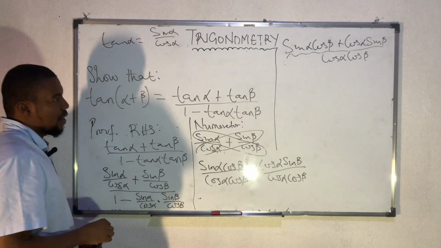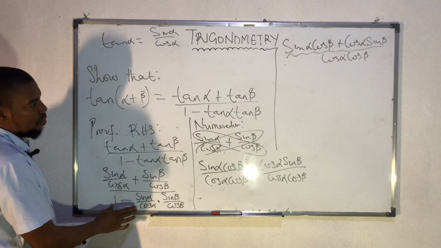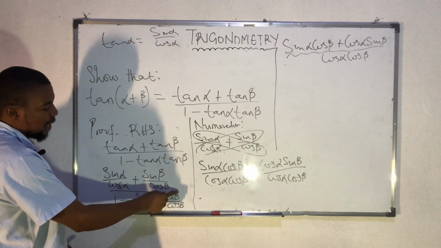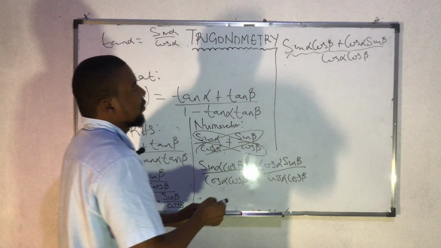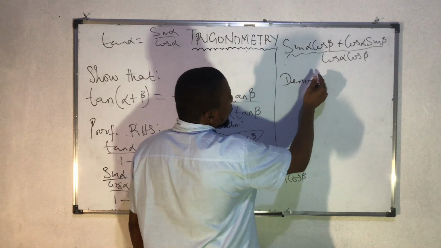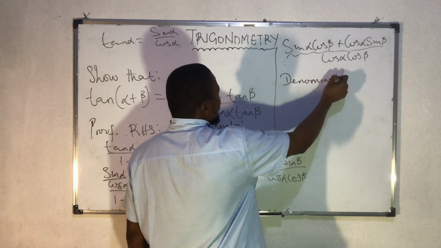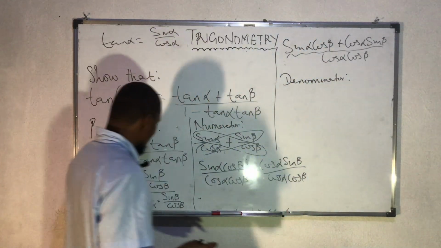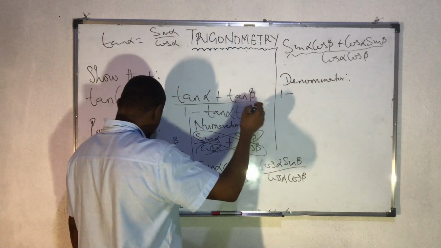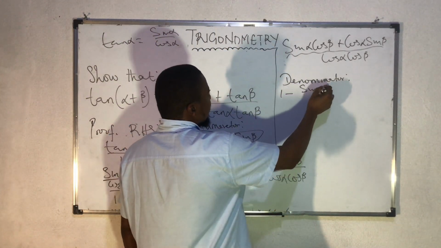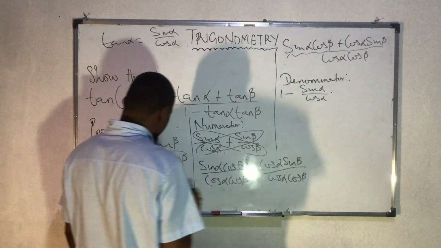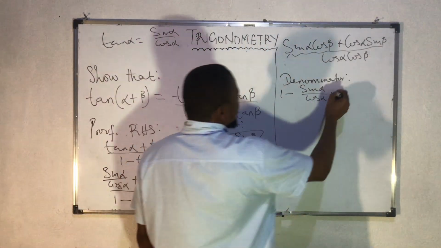Now let's go ahead and work on the denominator, which is 1 minus sine alpha over cos alpha times sine beta over cos beta. This is our denominator. I'm going to copy this. We have 1 minus sine alpha over cos alpha times sine beta over cos beta.